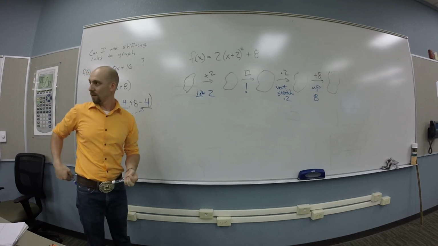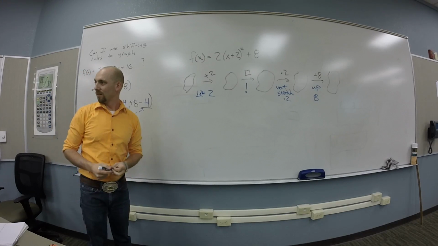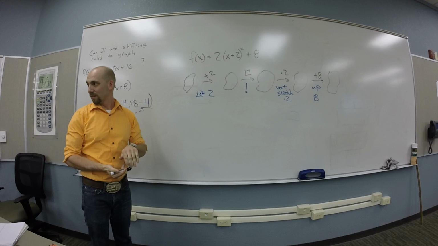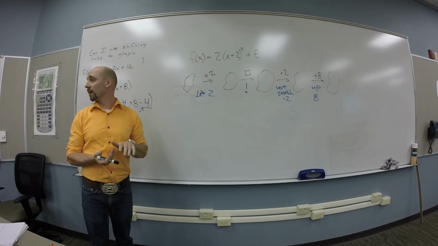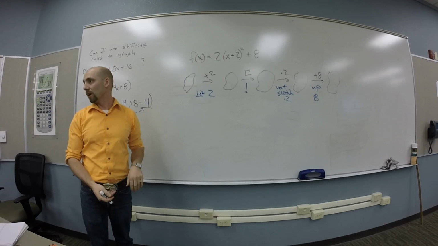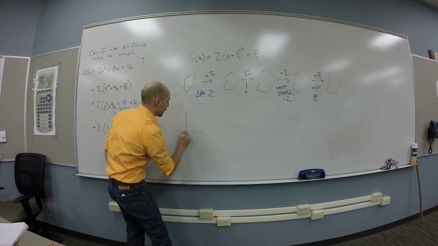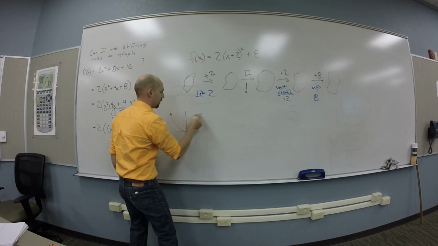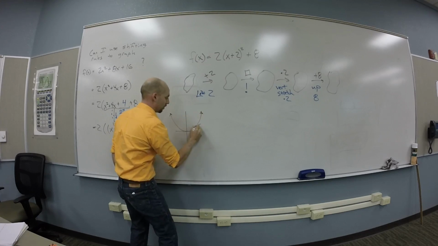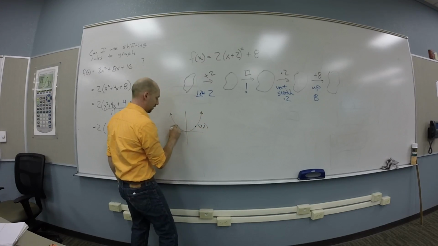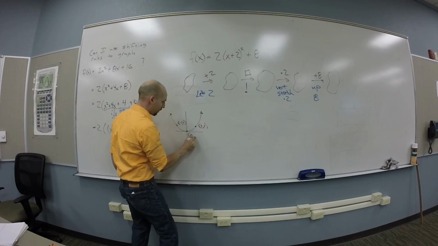Vertical stretch is like if you had the points 1, 1, they just turn into 1, 2, right? Yeah, exactly. You multiply the y coordinates by 2. So my parabola to start with looks like this, right? It goes through 1, 1, minus 1, 1, and 0, 0.